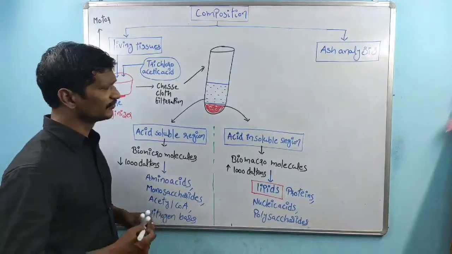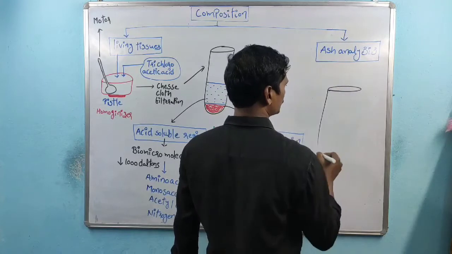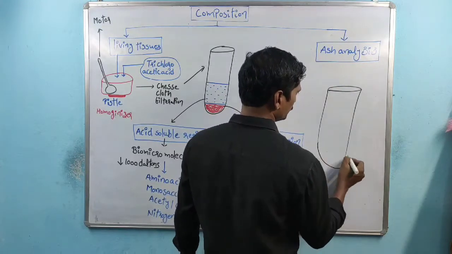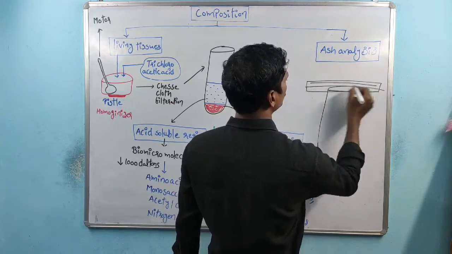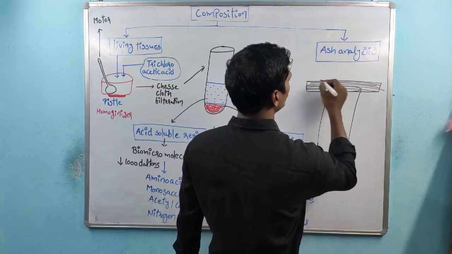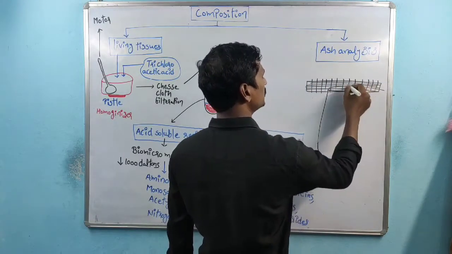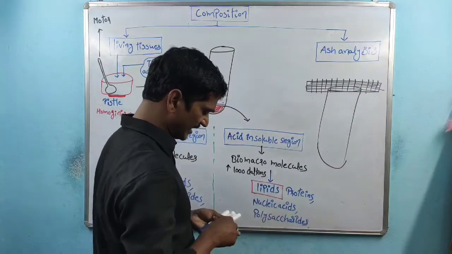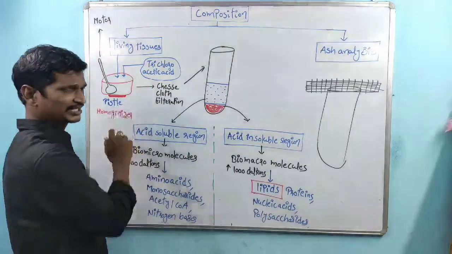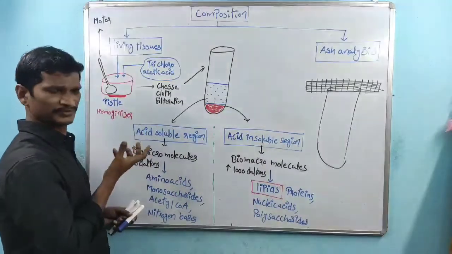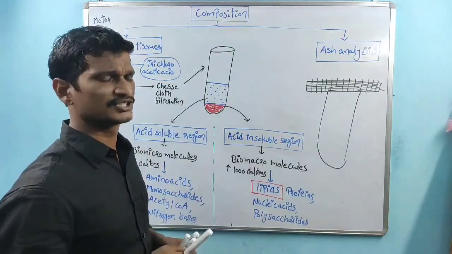The step is called filtration. So how do we do that filtration process? Suppose this is the tissue. We use cheesecloth. Whatever ground material there is, after the grinding process, the liquid-like substance we get is called sap.